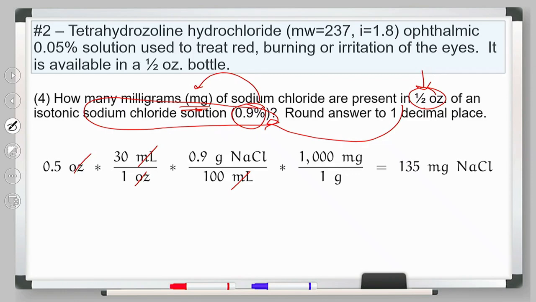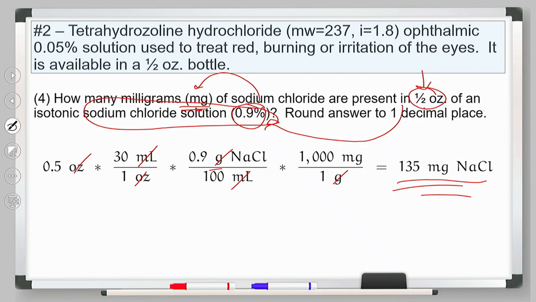But that weight is in grams, so if we multiply by 1,000, we can convert that number from grams to milligrams, and we see it's 135 milligrams. All that says is if I put 135 milligrams of sodium chloride in 15 milliliters of water, what would the concentration of sodium chloride be? 0.9%. That would be isotonic. So this is the weight of sodium chloride for that volume I need to make it isotonic.